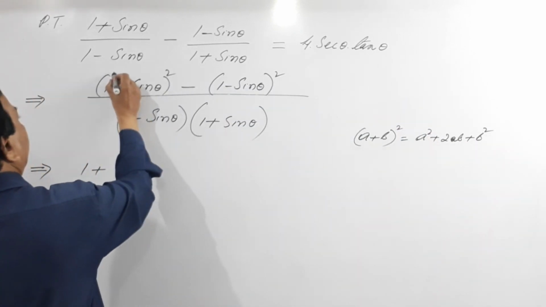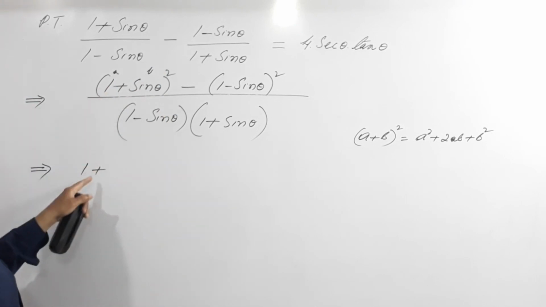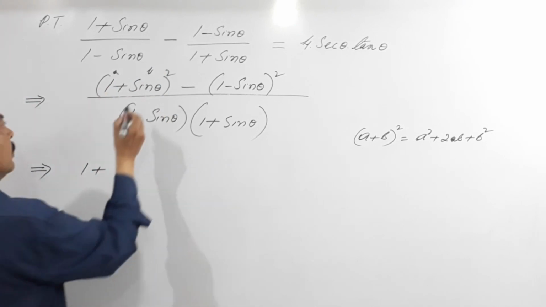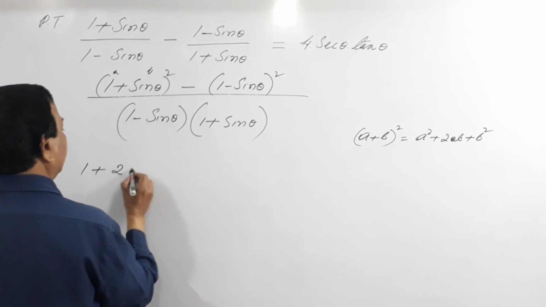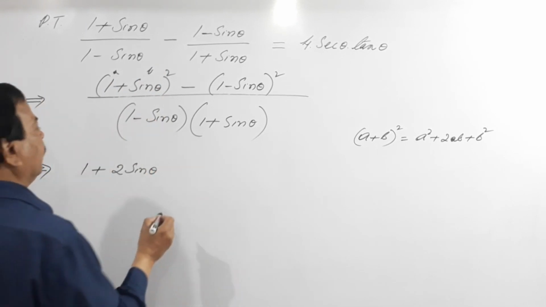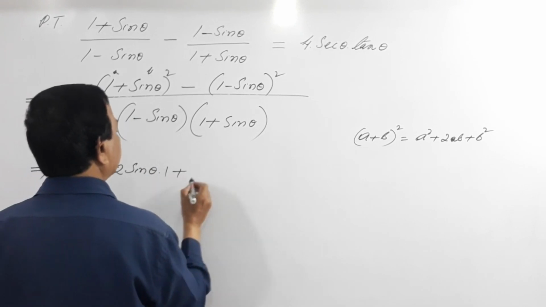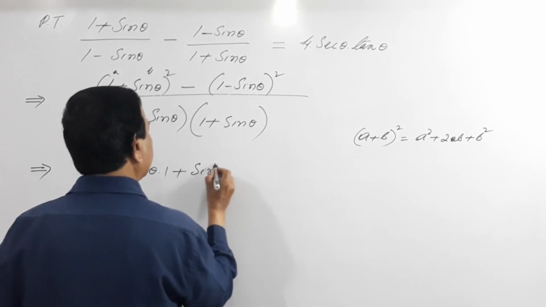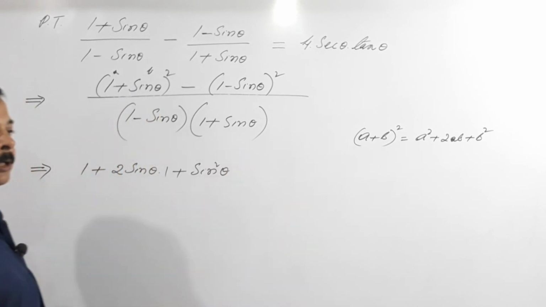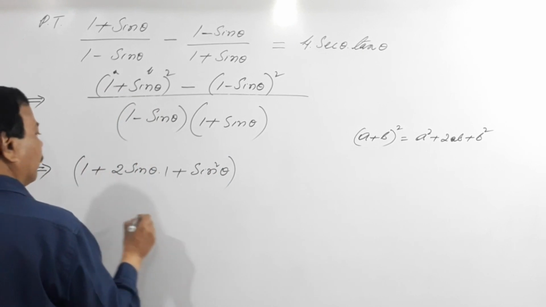So this is your a, this is your b. a square is 1 square, which is nothing but 1. So 2 sin theta into 1, I neglected the 1, I'll write once, plus b square, that is sin square theta. Done. I'll put this within brackets so that it will not go wrong.